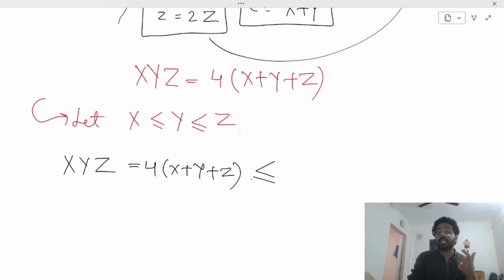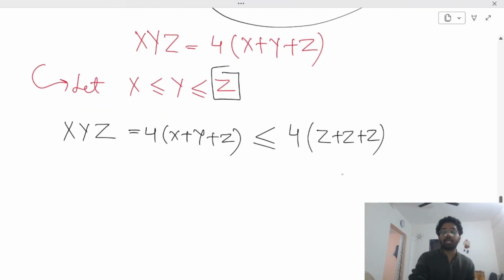X plus y plus z can be maximized if x and y both become equal to z, reaching the highest point. This is a very important point. Think again: x plus y plus z can be maximum when x reaches the highest value, which is z, and y reaches the highest value, which is z, because here I have assumed z is the highest among them. So I can write this as z plus z plus z.